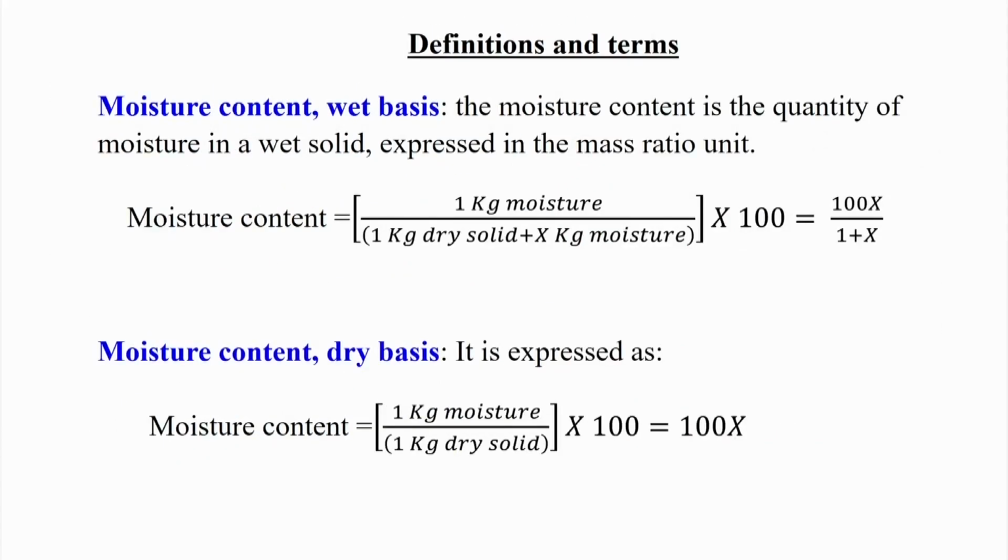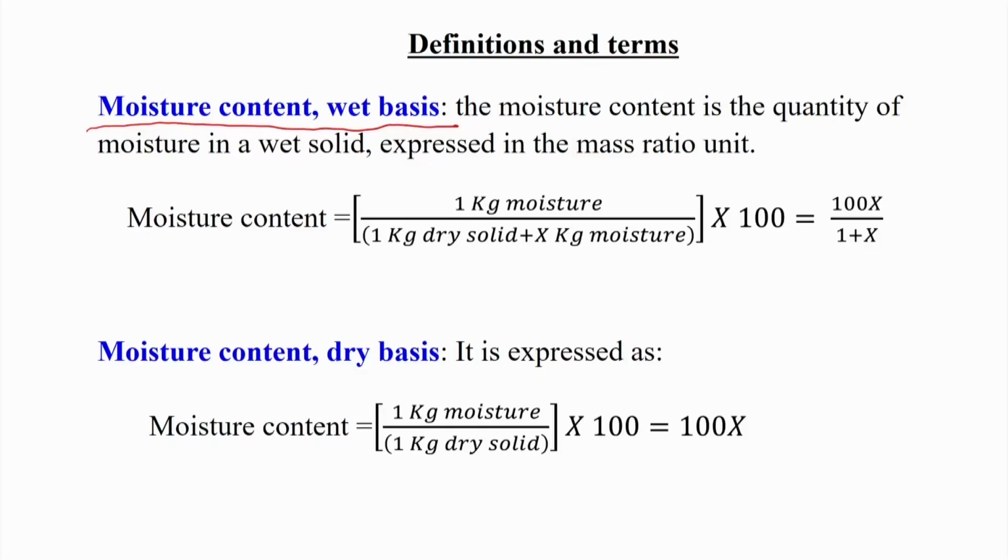Now, we should learn some typical terms. The first term is moisture content. We need to express the moisture content either on the wet basis or on the dry basis.